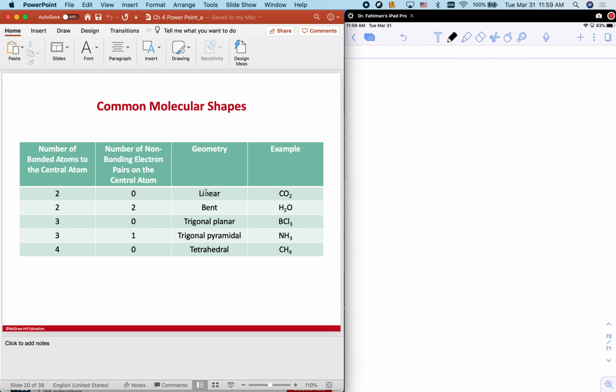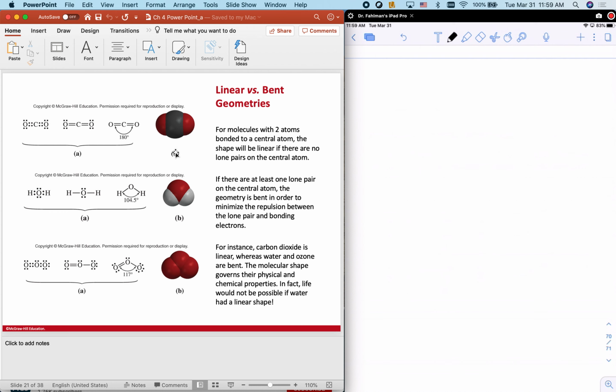And so these are some typical shapes, and you should know the angles involved. So, for instance, if it's linear, that means that this angle is 180 degrees, and this, for instance, is carbon dioxide.